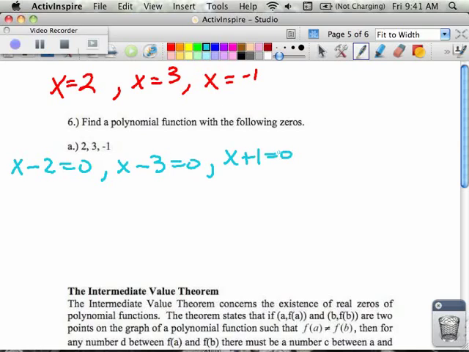Right before this step, working backwards, you might remember that was where we had the 3 parentheses times each other equal to 0. Do you guys remember that? Or in other words, x minus 2 times x minus 3 times x plus 1 equals 0. That's why we went to this thing.